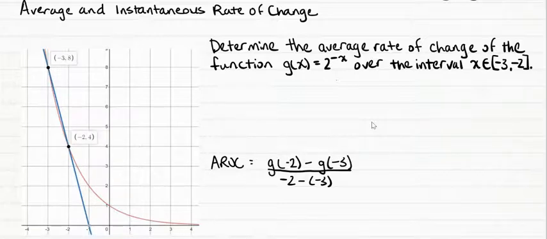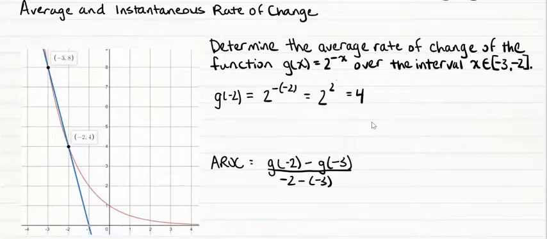So g of -2 is 2 to the exponent of negative, and then we put in our x value, which is -2. So this is the same as 2 to the positive 2, which is the value 4. And if we evaluate g of -3, then we get 2 to the exponent of -3, which is 2 to the exponent 3, and that is 8.